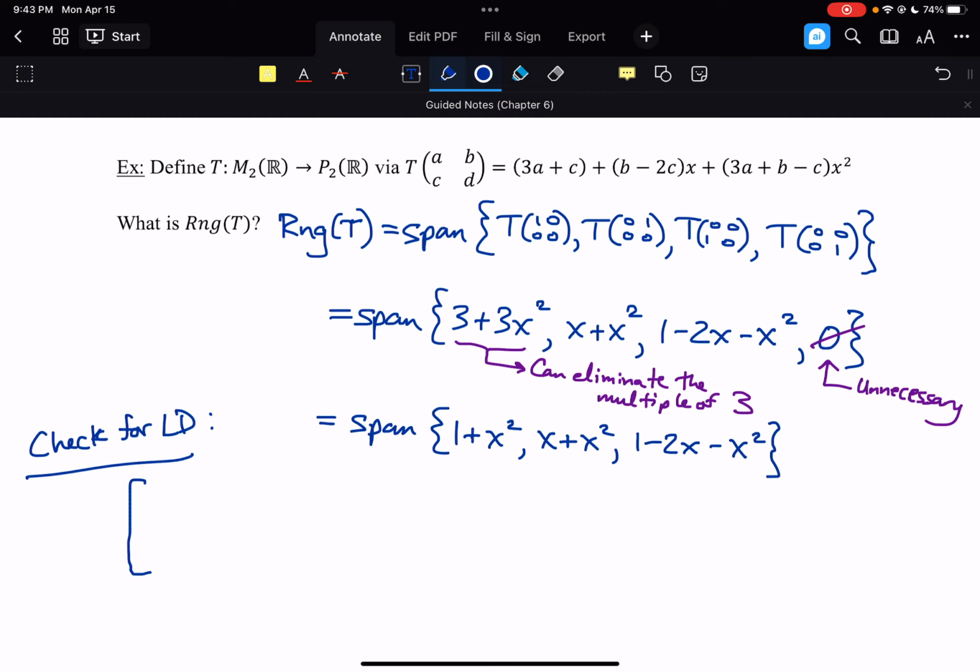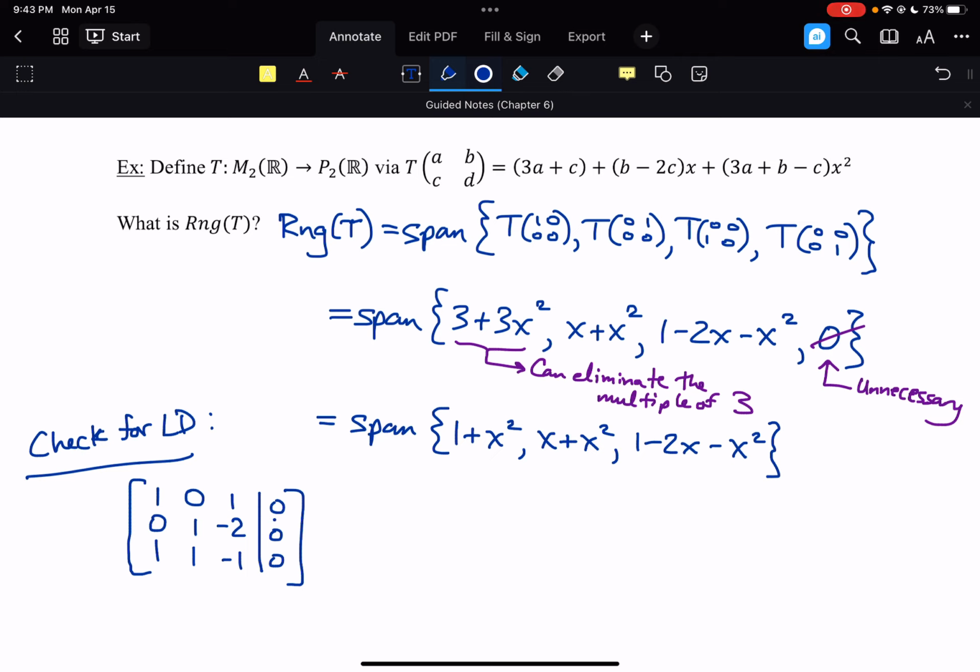When we check for LD, we put these coefficients into the columns of a matrix. So 1, 0, 1, 0, 1, 1, 1, negative 2, negative 1, 0, 0, 0. This is 1 plus 0x plus x squared, 0 plus x squared, 1 minus 2x minus x squared.